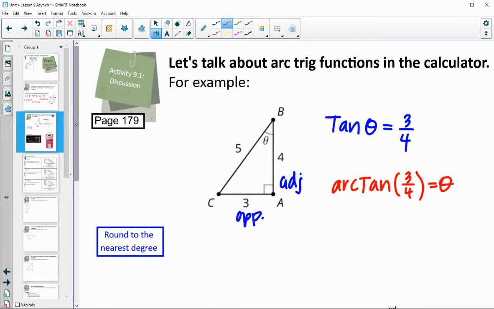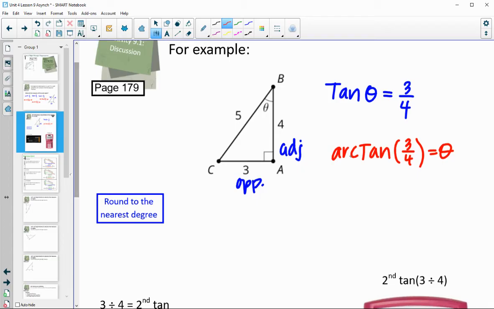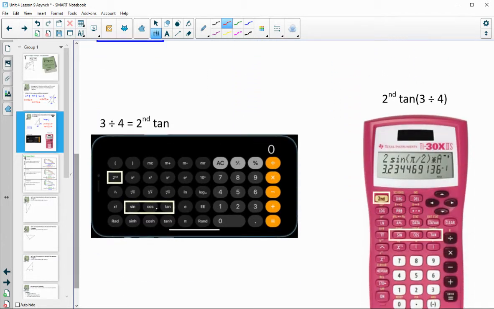There are two different ways this will appear in your calculator. It's actually going to look like tan to the -1. These are interchangeable; both of them are the same thing, arctan or tan to the -1. On your phone calculator, you need to type in the division first, and make sure you hit equals.